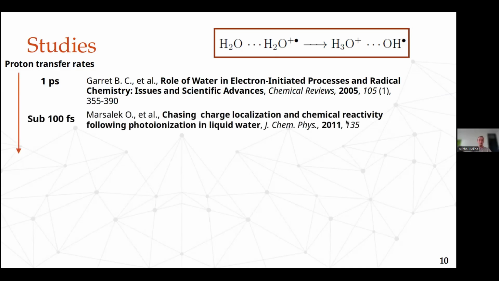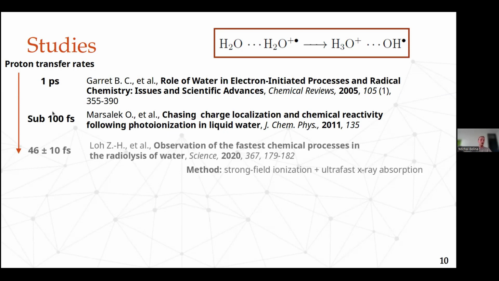A few years later, there was another experiment conducted together with some theoretical study. And again, the experiment just saw the outcomes, so they lowered the boundary once more. And in 2020, the first concrete value for this proton transfer rate was published in this study, and it was something about 46 femtoseconds.